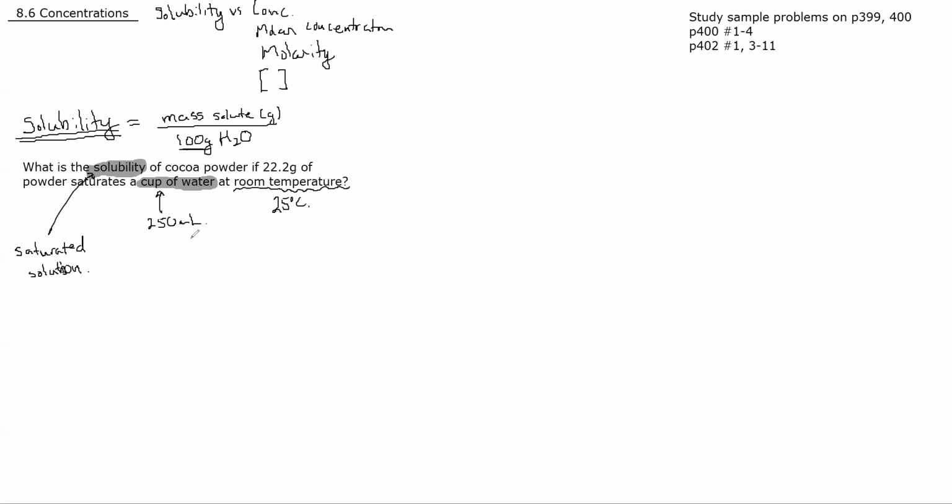Let's move on. So what is the solubility, the grams per 100 milliliters? Well, you can put it down. Solubility is going to be the mass in grams of the solute divided by 100 milliliters, or 100 grams, of H2O.